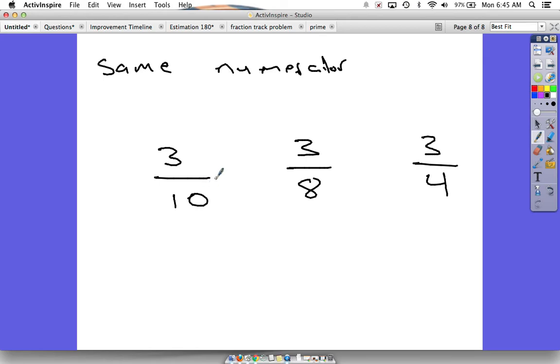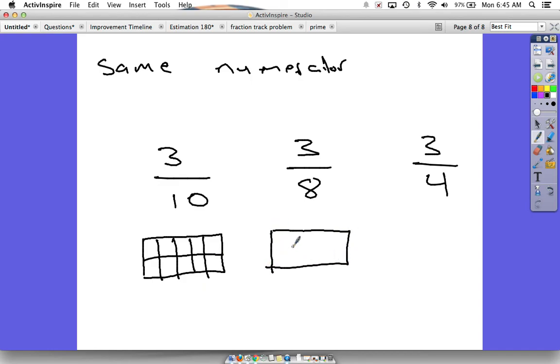That's generally a way that you can think about things, but probably the better way would be to think about the sizes of the pieces that you're actually getting here. What I mean by that is, if I cut this one into 10, and I cut something else into 8, about the same size.